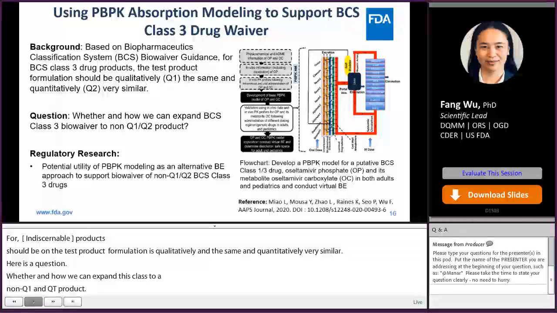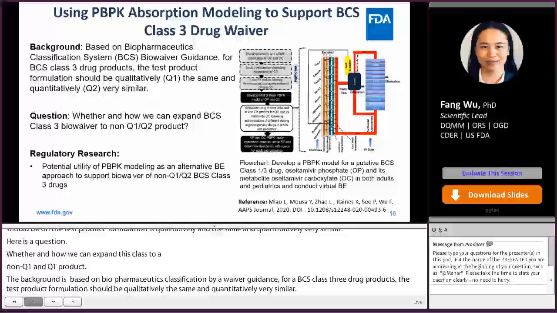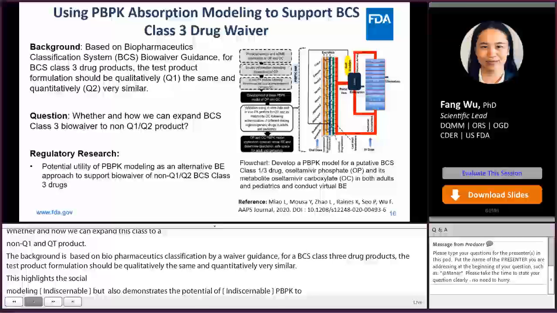This case example not only highlights the utility of PBPK absorption modeling and simulation for setting clinically relevant dissolution specifications in both adult and pediatric populations, but also demonstrates the potential utility of PBPK modeling as an alternative BE approach to support biowaiver of non-Q1, Q2 BCS Class 3 drugs. Details can be found in this AAPS journal paper listed here.